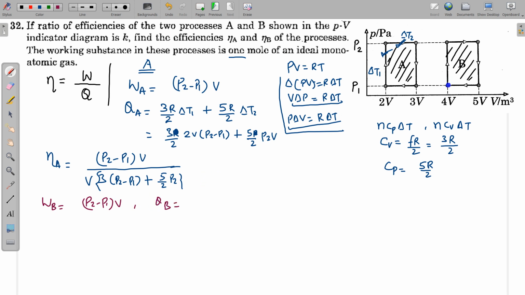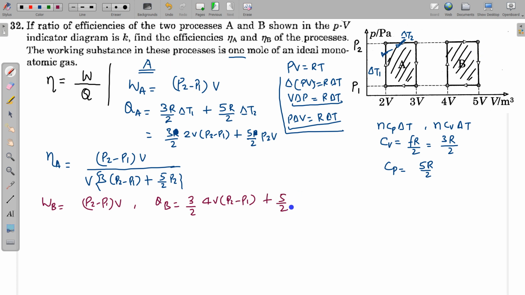So again, this is an isochoric process, and this is an isochoric process, and taking a clue from this, this is 4V. Change in pressure is P2 minus P1. I am just using this expression to write this, and this is 5 by 2.